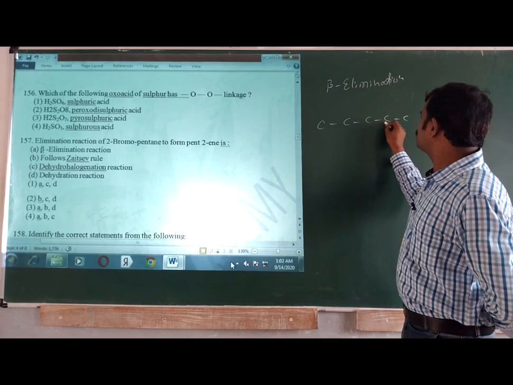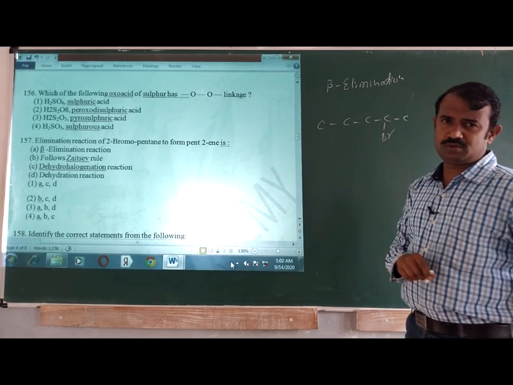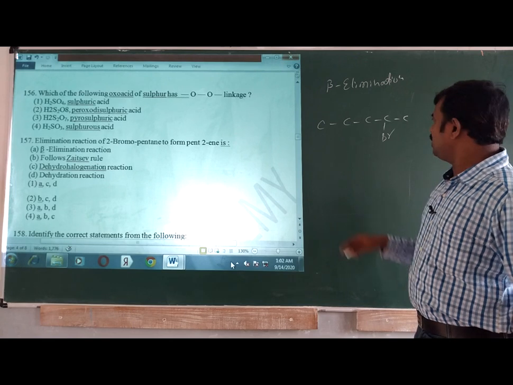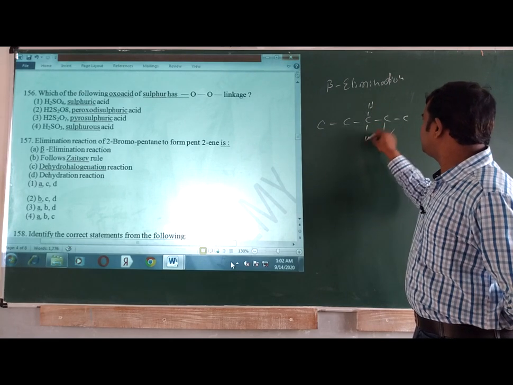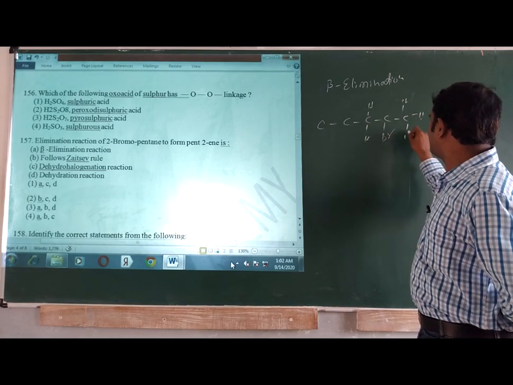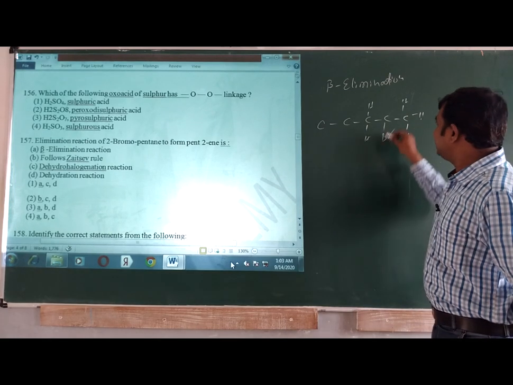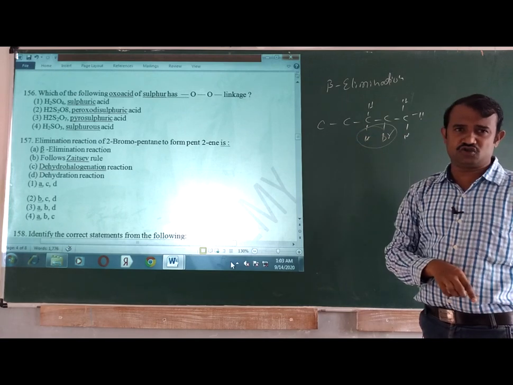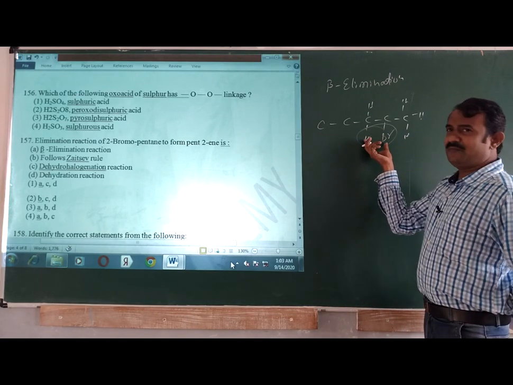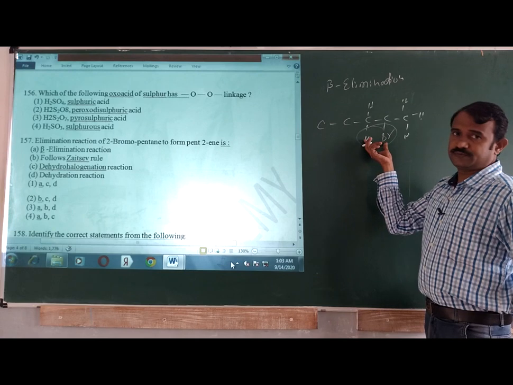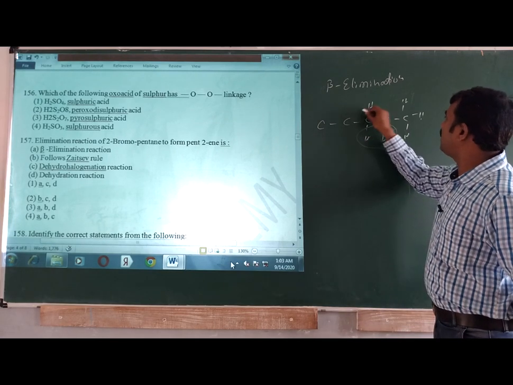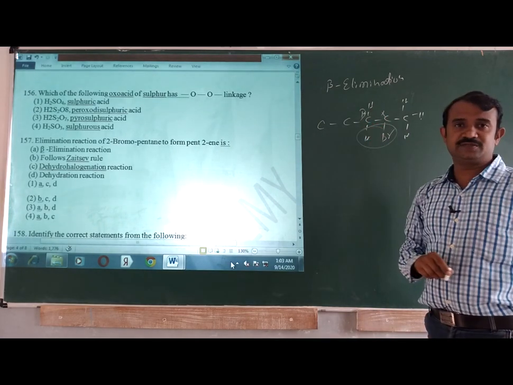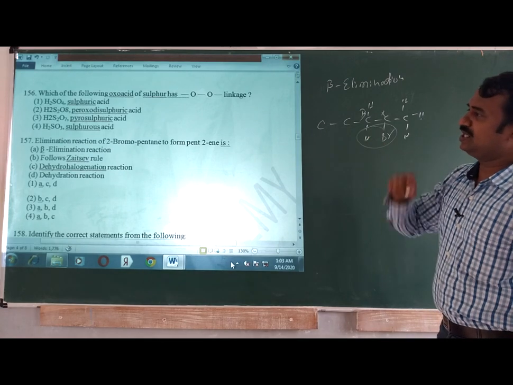When here the 2-bromopentane, here also hydrogen is there. Here also hydrogen is there. We consider here the least number of hydrogen under dehydrohalogenation. The least number of hydrogen which undergoes that, this is alpha, this one beta, that is called as beta elimination. The first one is beta elimination.